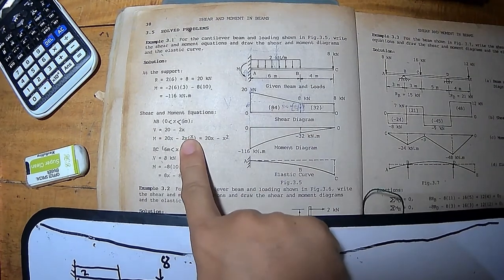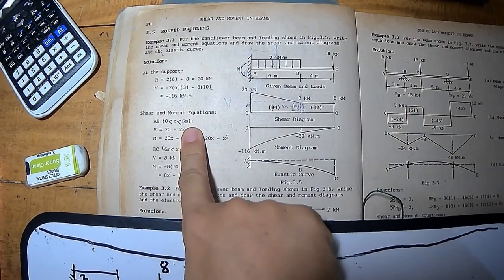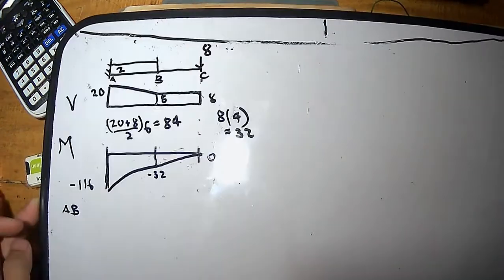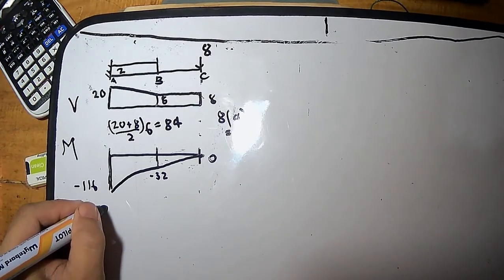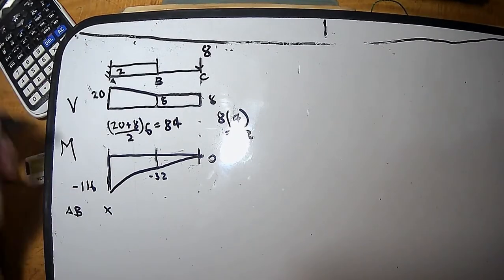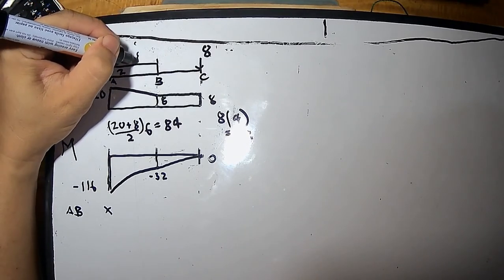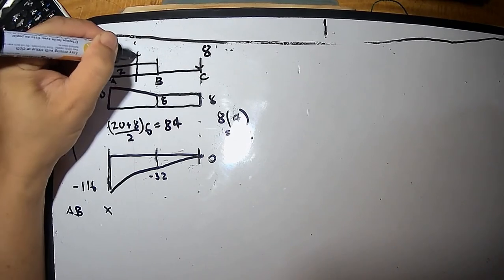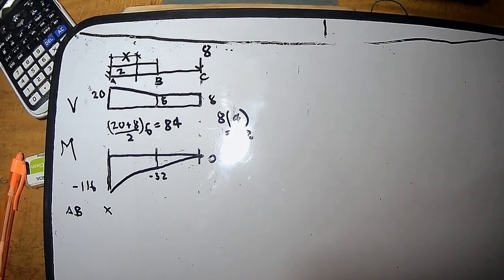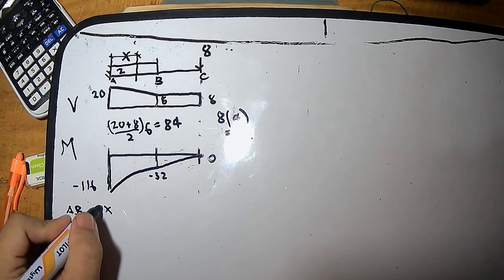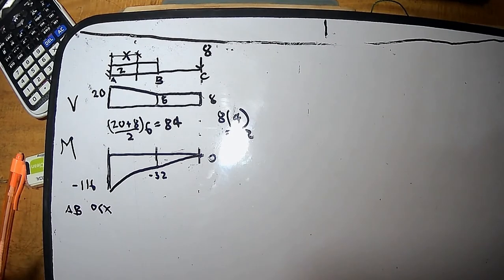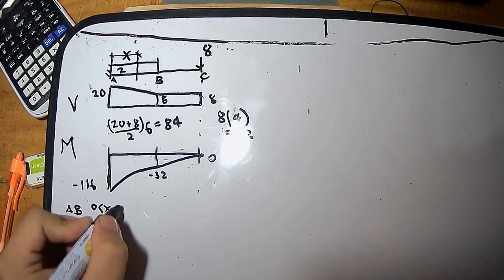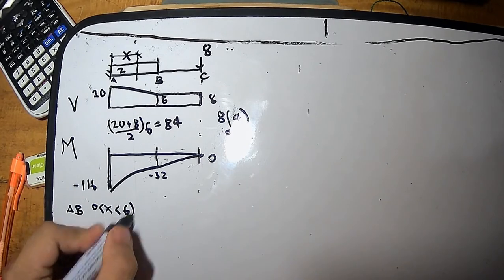We will now draw the shear and moment equations at AB. Note na meron tayong value ng X. So your X would be any distance from A to B. So this is now your X. Okay? So the value of X is greater than 0 but less than 6 meters.